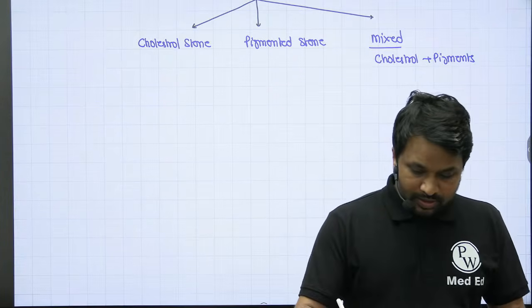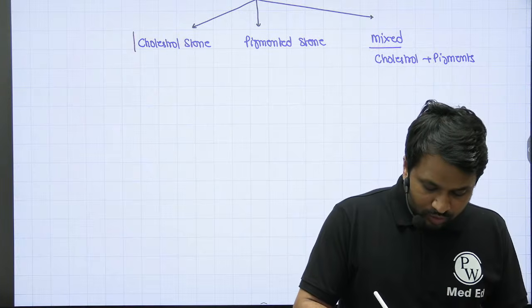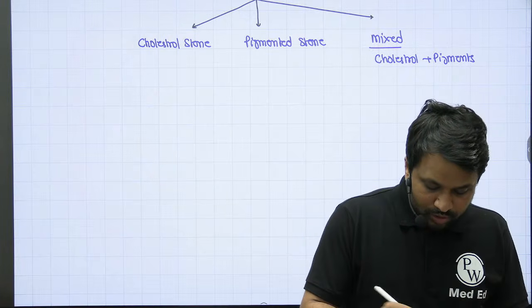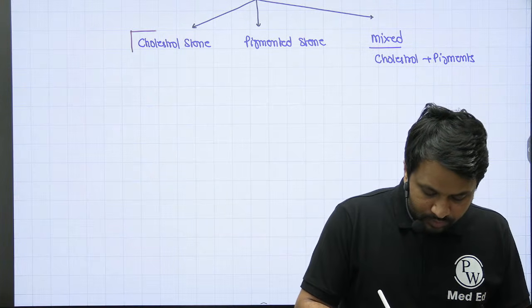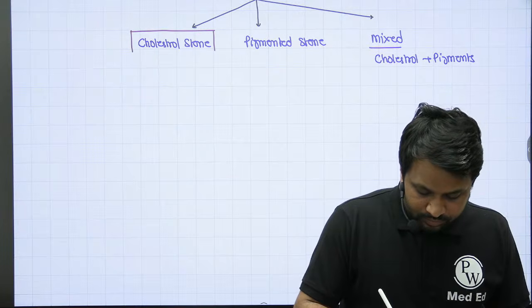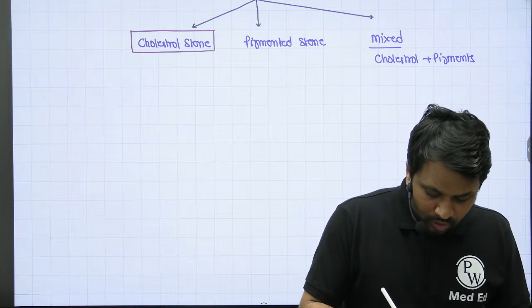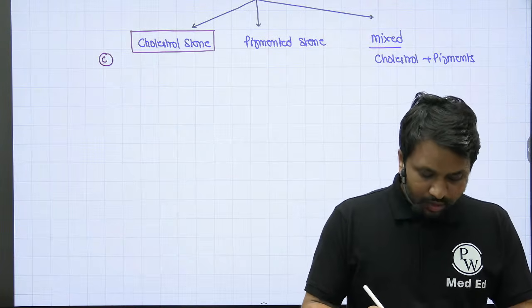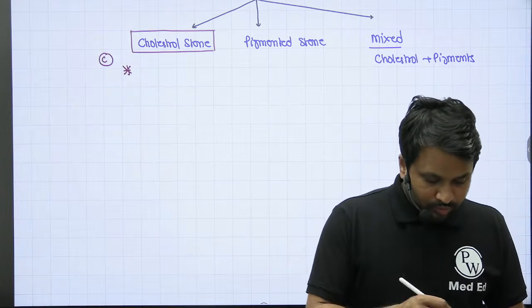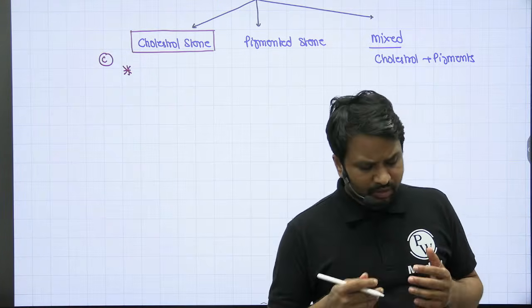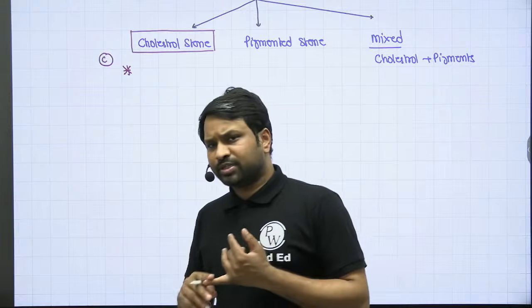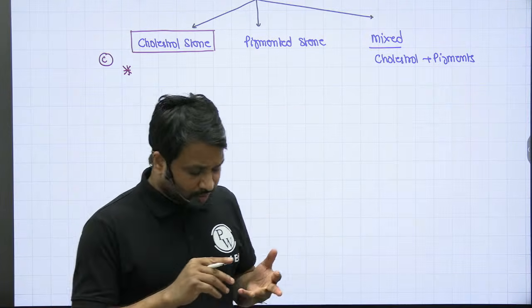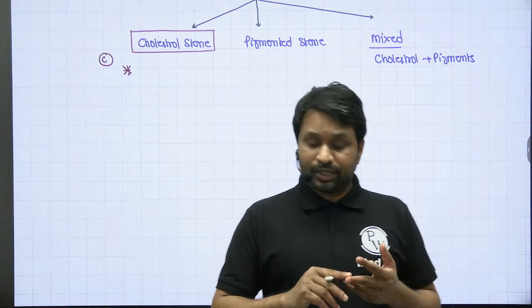So we'll try to understand what results in the development of cholesterol stones. What are the causes? We're trying to determine the cause for each one of them. Now the cause for development of the cholesterol stone, number one, you need to have supersaturation of the bile, then you need to have stasis of the bile, and also the nucleating factors.